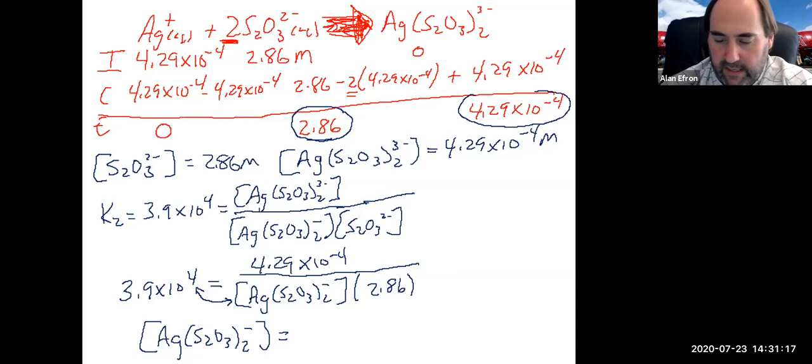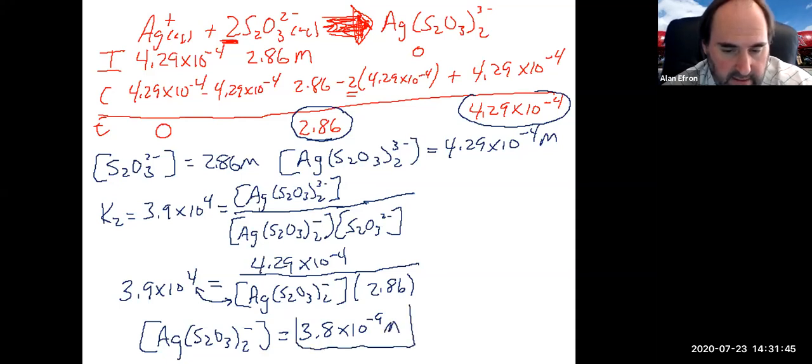Double check real quick. And you will end up with 3.8 times 10 to the minus 9. If you have your calculator in scientific notation. If you don't, then you have a whole bunch of zeros with a 4 at the end of it.